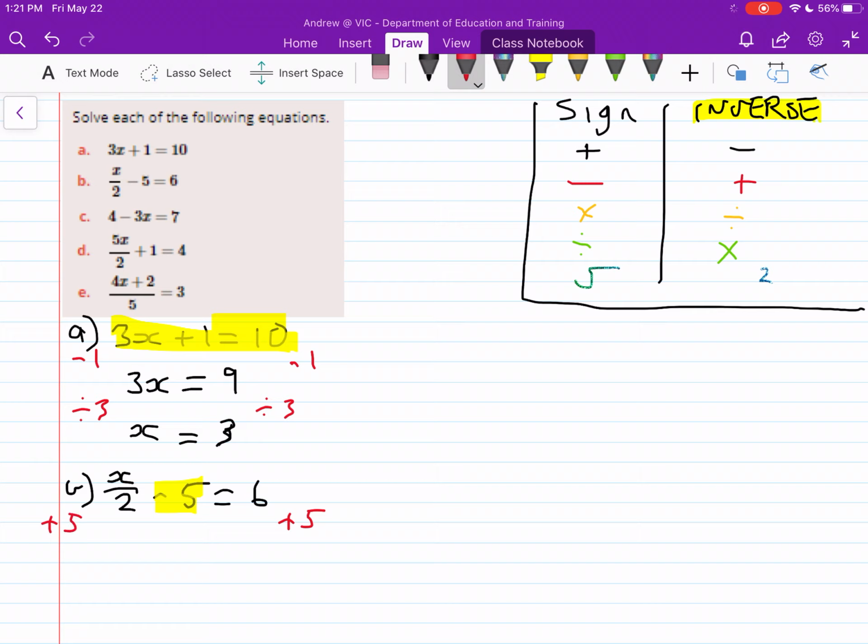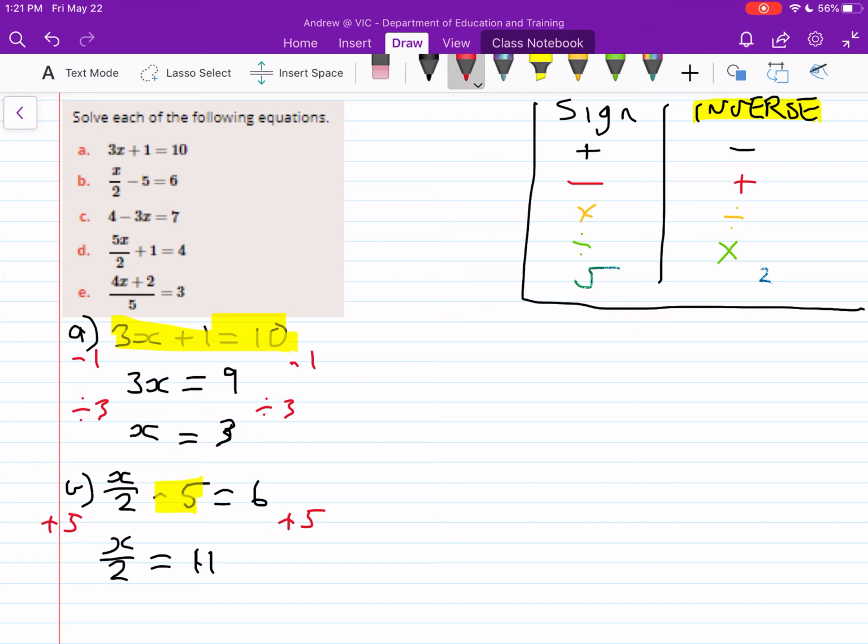So the minus 5 and plus 5 cancel on that side to leave x over 2. Just remember, over means divide, is equal to 6 plus 5. So we've got 11 here.